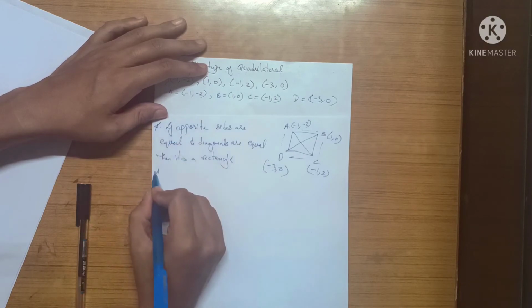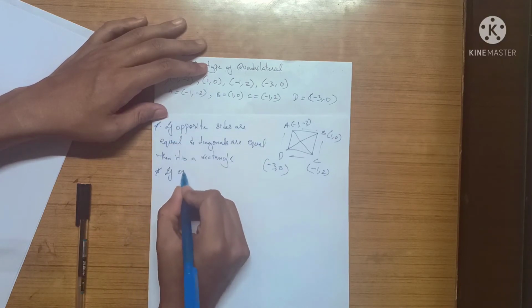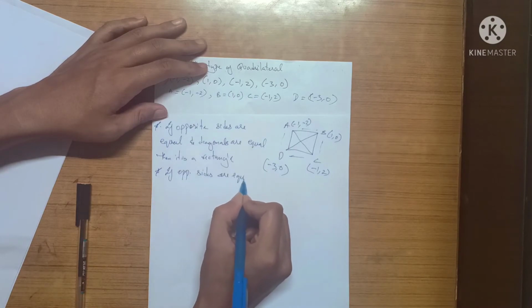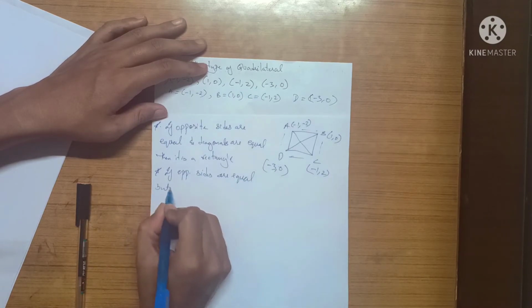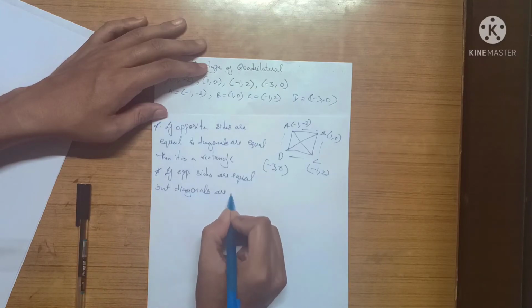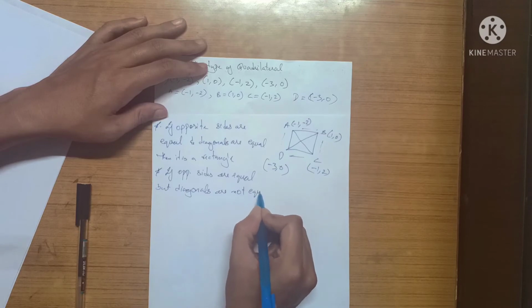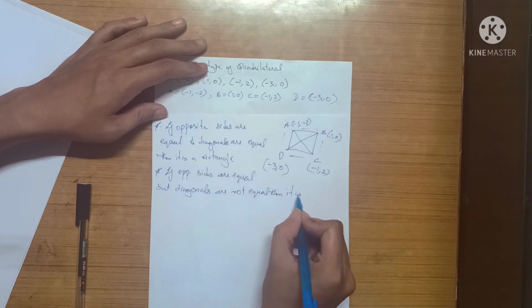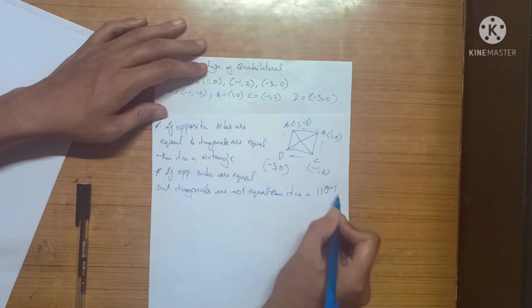If opposite sides are equal but diagonals are not equal, then it is a parallelogram.